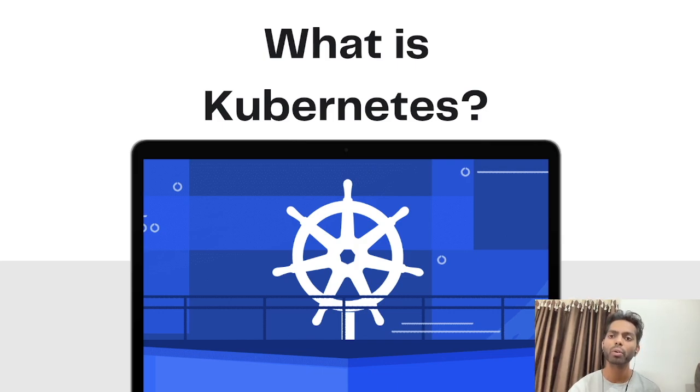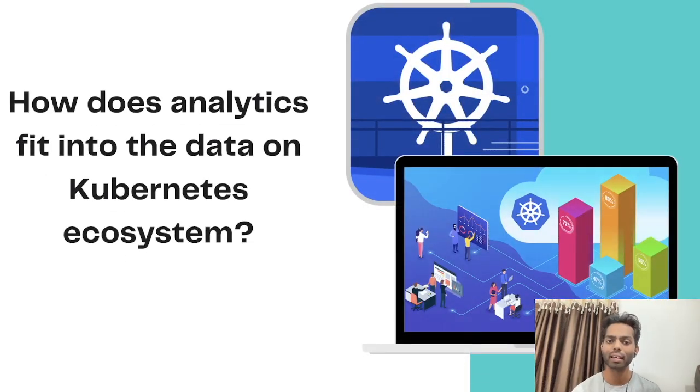So you know what real-time analytics is and what Kubernetes is. Then let's talk about how analytics fits into the data on Kubernetes ecosystem. Analytics is an important part of the data on Kubernetes ecosystem. Kubernetes provides a platform for running containerized applications, including analytic workloads, in a distributed and scalable manner.